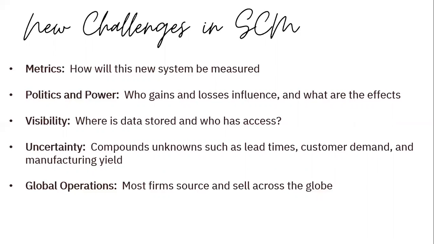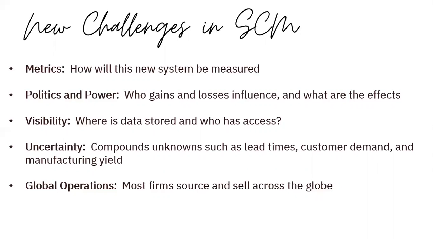Another challenge in supply chain management is dealing with uncertainty, and there are so many aspects of uncertainty. Sometimes there are delays across the supply chain, and you have to deal with those delays. Customer demand sometimes increases, sometimes decreases, and there may be internal or external factors that impact customer demand.